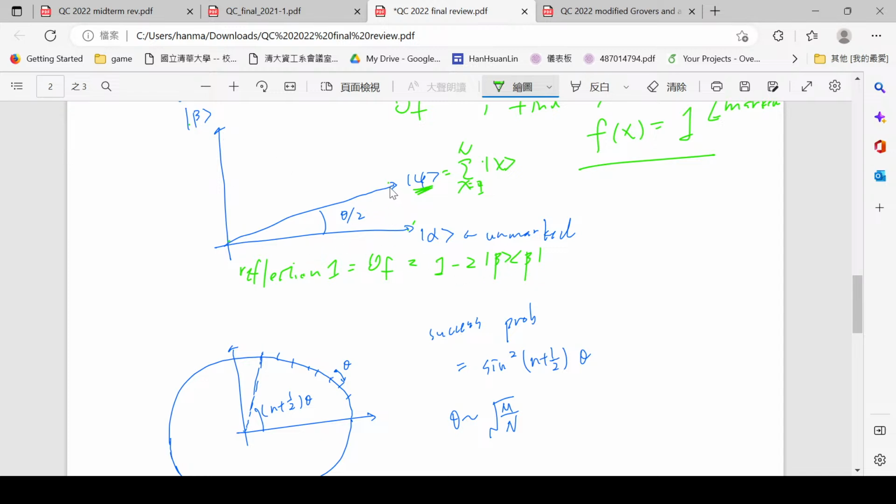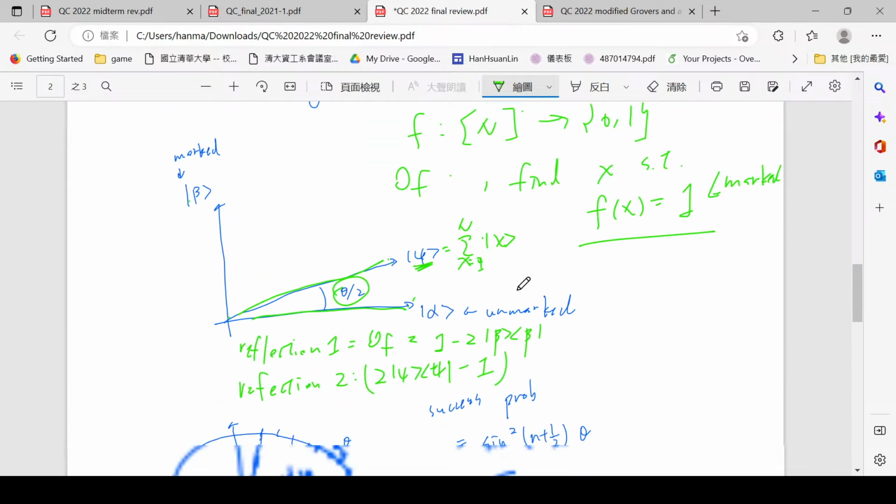In this two-dimensional space, I think it's a reflection around this alpha line. And reflection 2 is, I think, 2 phi minus identity. So it's a reflection through this phi. Anyway, you have a reflection around this line and a reflection around this line, and it becomes a rotation of twice this angle, so it becomes a rotation of angle theta.